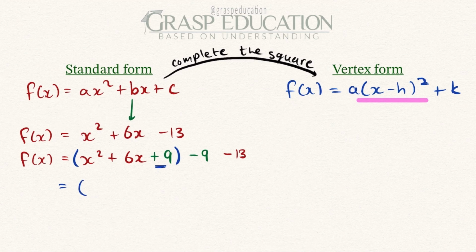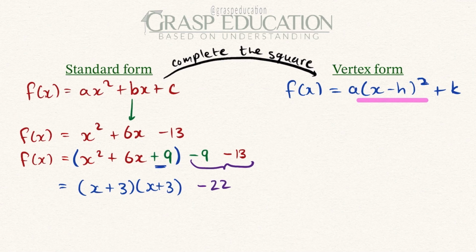This would factor into x plus 3 multiplied by x plus 3. And then at the end, I still have a negative 9 minus 13. Negative 9 minus 13 is negative 22.